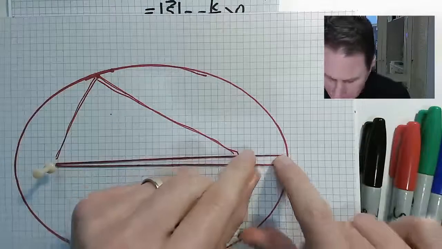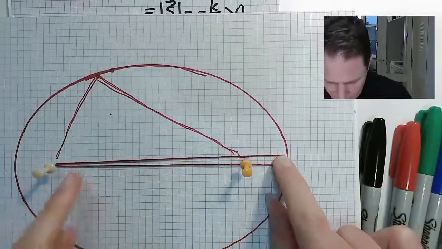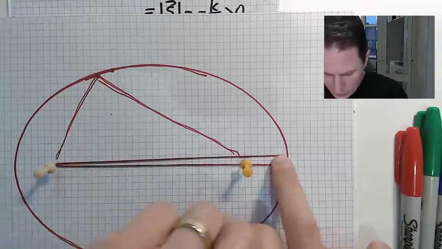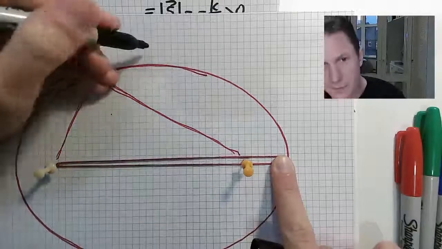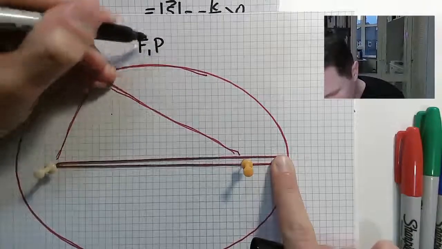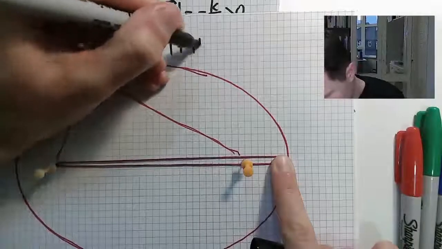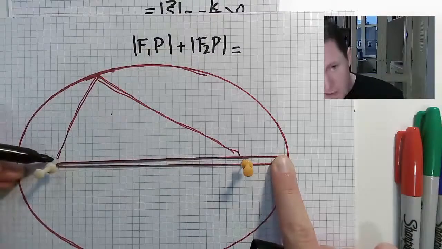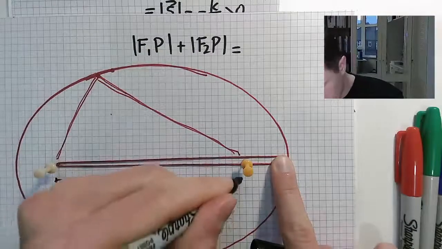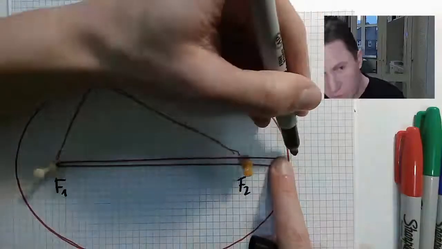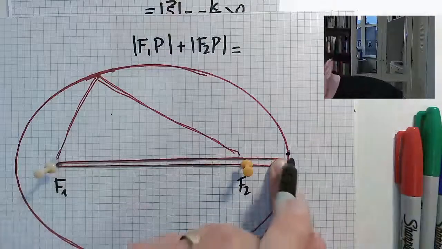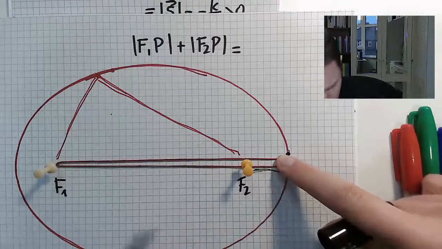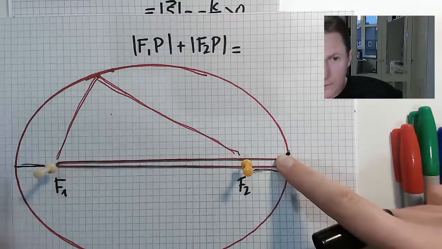If I go all the way to this point, for the sum of these two distances, F1P plus F2P, I go from this focus point, F1, all the way to this side of the ellipse right there, and then the other distance is just this bit, which is the same as this one right there.